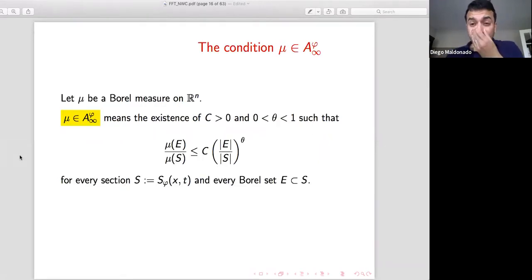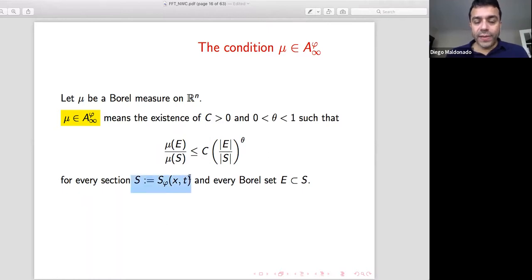And here is one condition. We say that a Borel measure mu is in the class A infinity phi. You fix the phi.